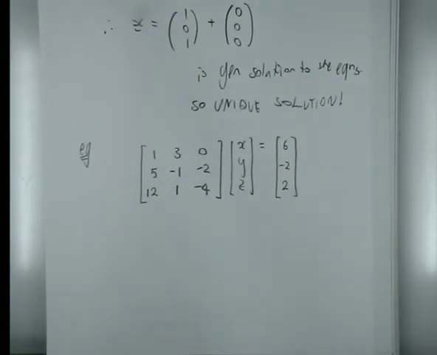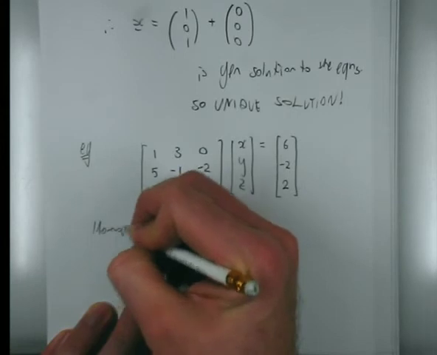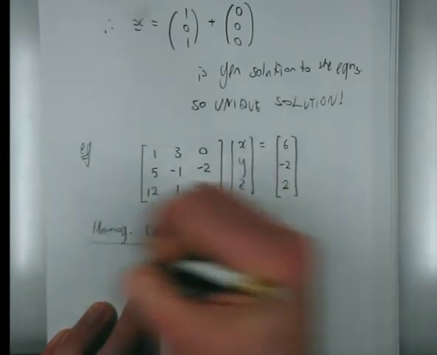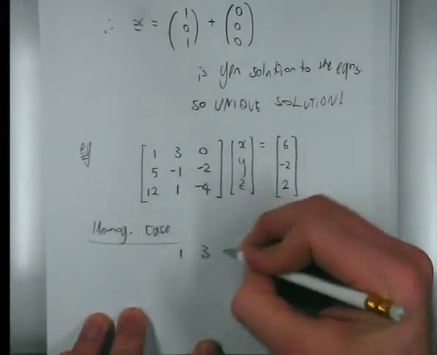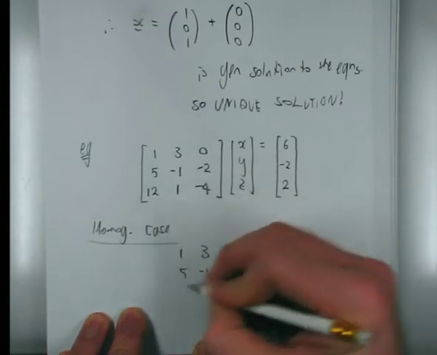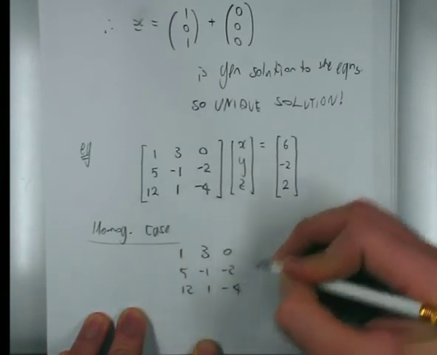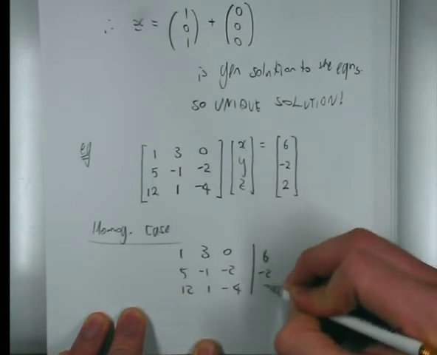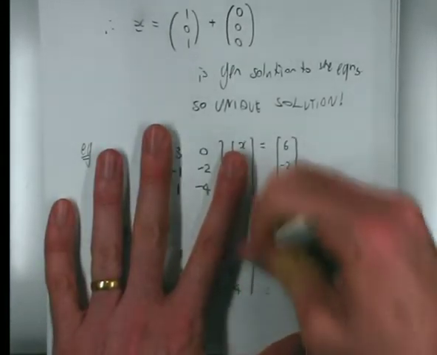So the homogeneous one, my homogeneous case. Oop, the homogeneous case has 0, 0, 0 there.